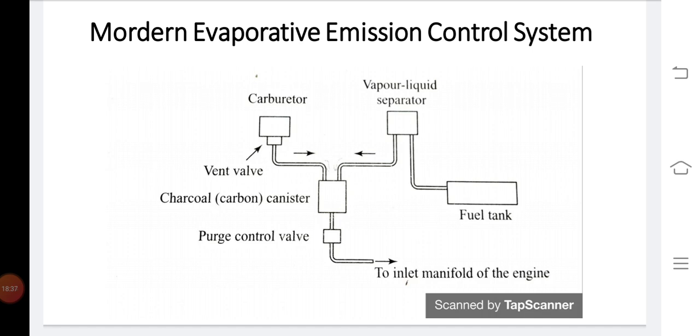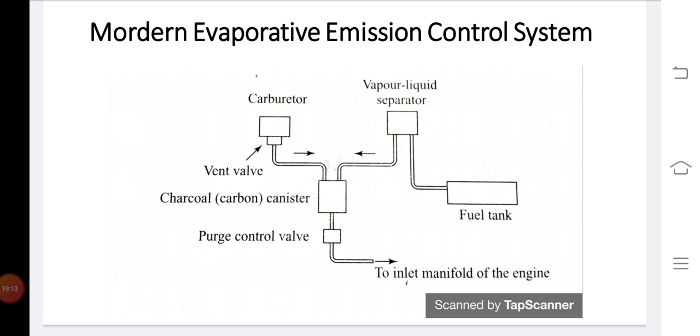And when the engine is off, or when we run the vehicle a certain number of kilometers and stop it, then the vapors are collected from the carburetor, and in stop conditions the vapors are also collected from the fuel tank, and these vapors are stored in canisters.